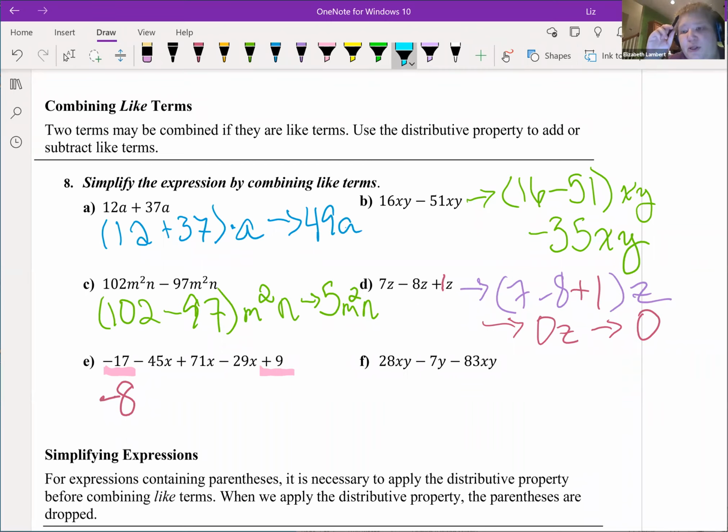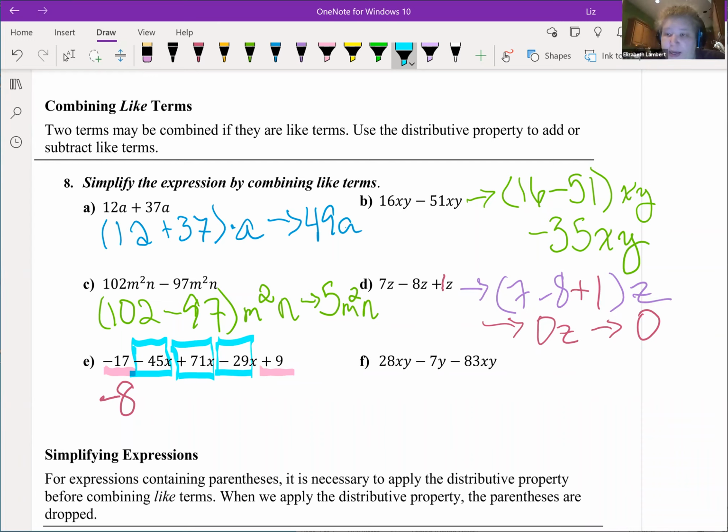Now, some people will put boxes around one set of like terms and then circles around another and triangles around another. There are a number of ways to visually classify these, and by all means, do that if it helps you.